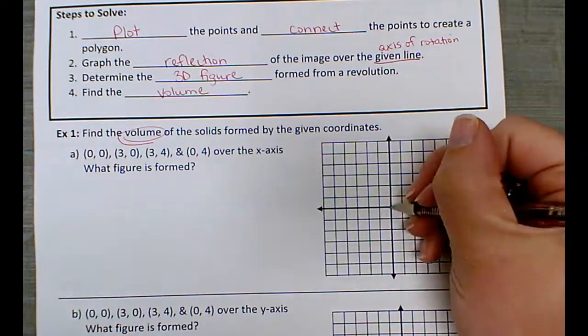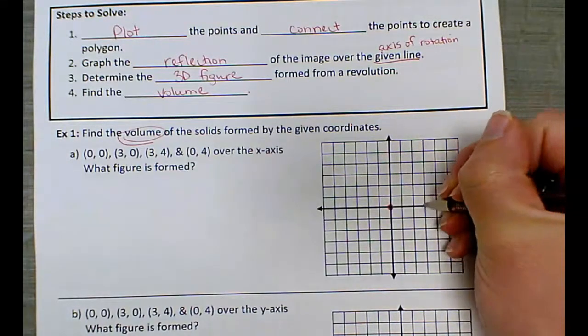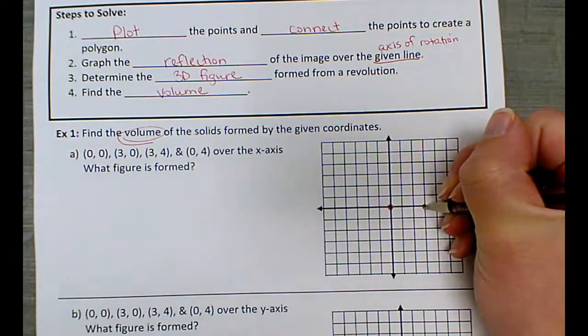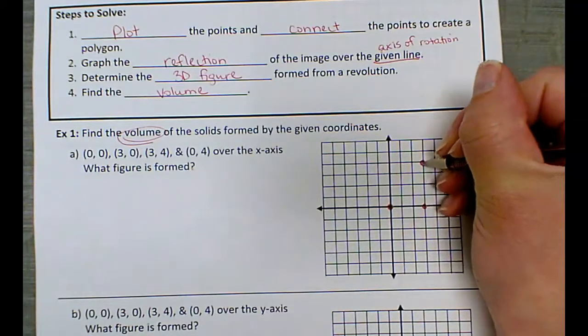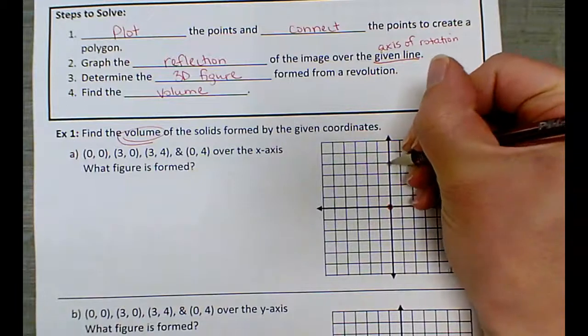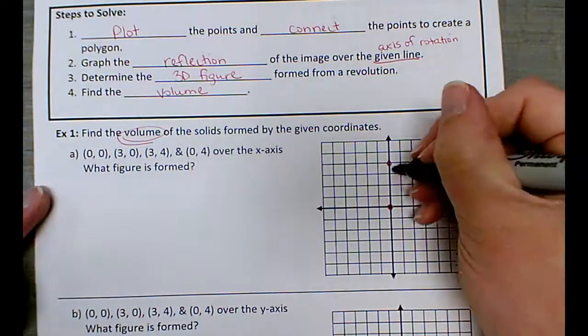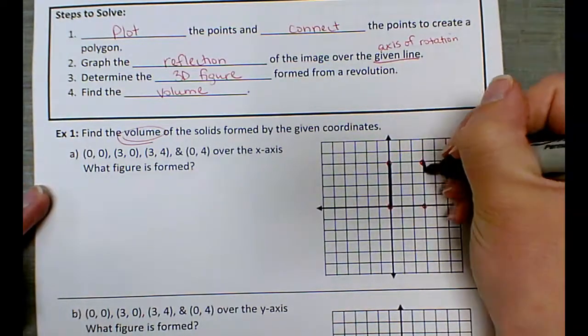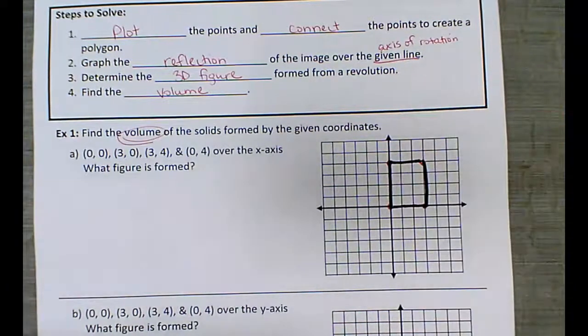So I'm going to graph the point (0, 0), (3, 0), (3, 4), and (0, 4). So this is my figure.